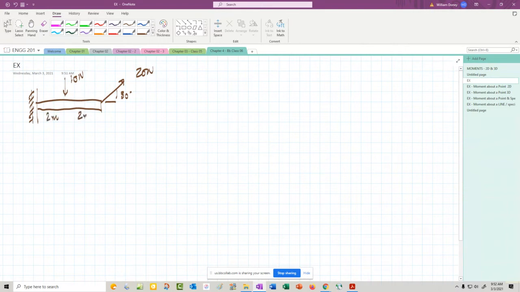Let's make this 2 meters and 2 meters, so the whole thing is 4 meters long, and then we have a second force, 20 newtons at 30 degrees. We'll refer to that as the origin.